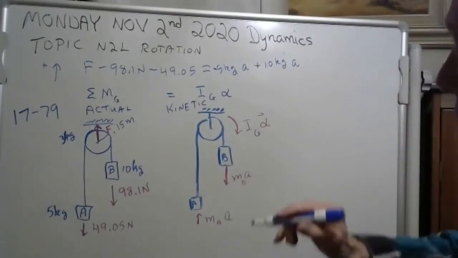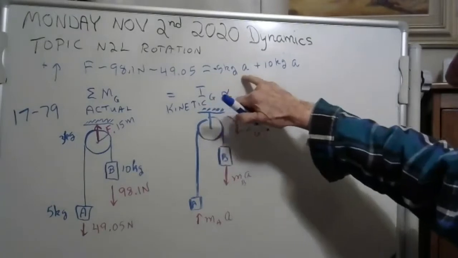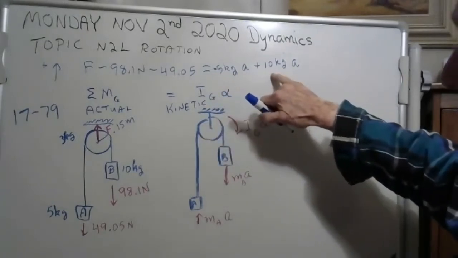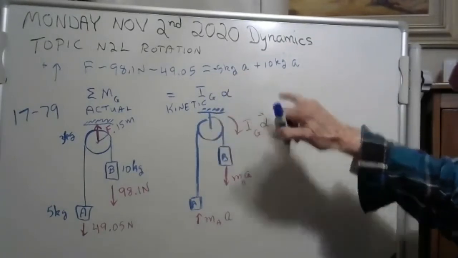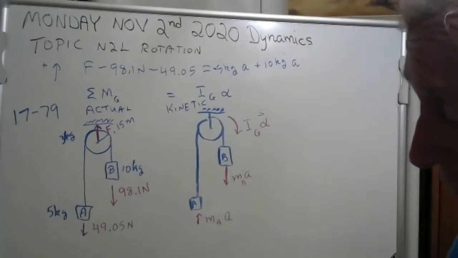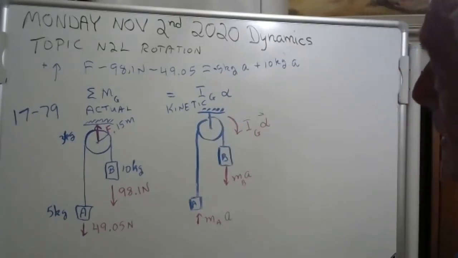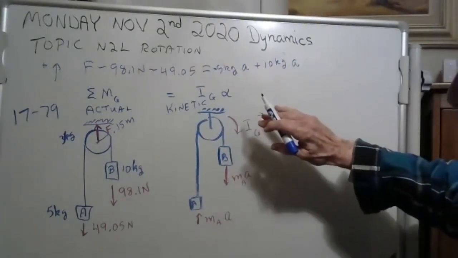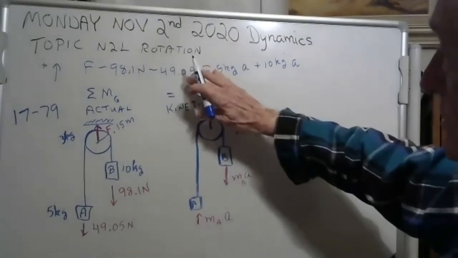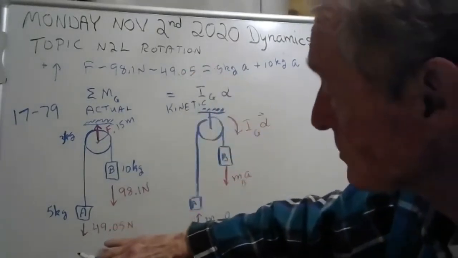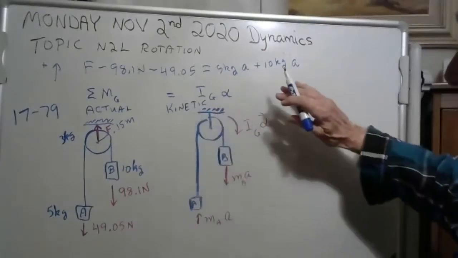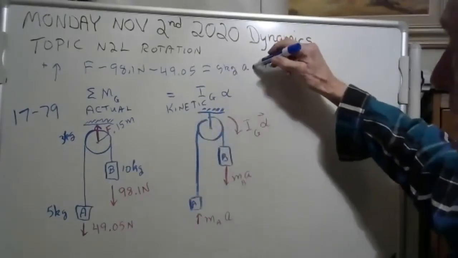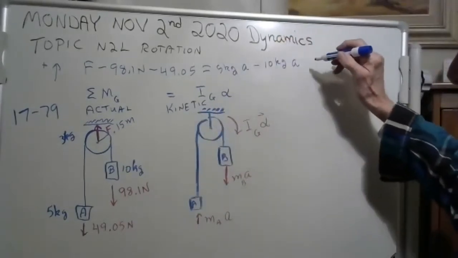Let me see, did I do that right? No, I got this wrong. This is the plus, because it's going to go up, and this is the minus. I got those backwards. So it's going to go down.